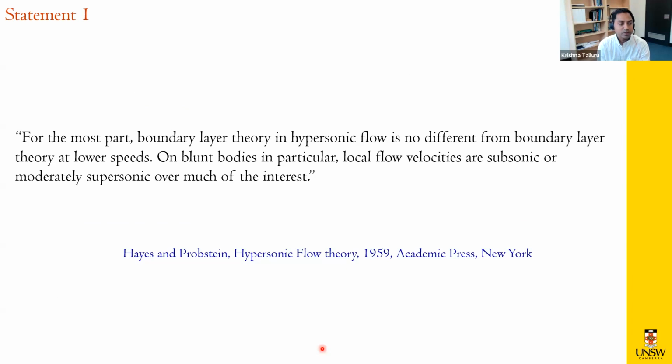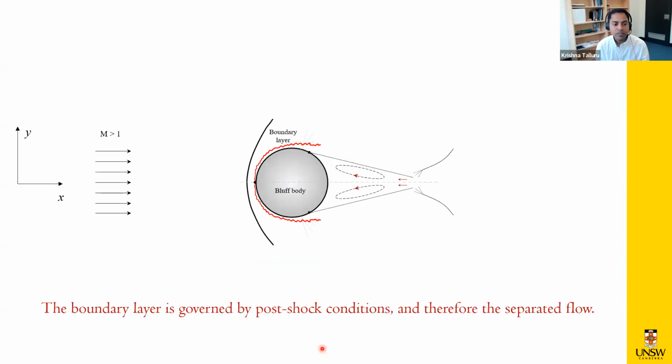He says in the book that for the most part, boundary layer theory in hypersonic flow is no different from boundary layer theory at lower speeds. On blunt bodies in particular, local flow velocities are subsonic or moderately supersonic over much of the interior. If I try to infer this statement properly and give my own interpretation, what I understood is that the boundary layer developing downstream of the bow shock is actually governed by the post-shock conditions.